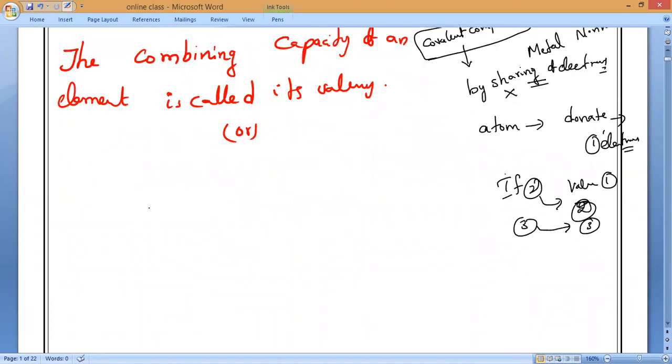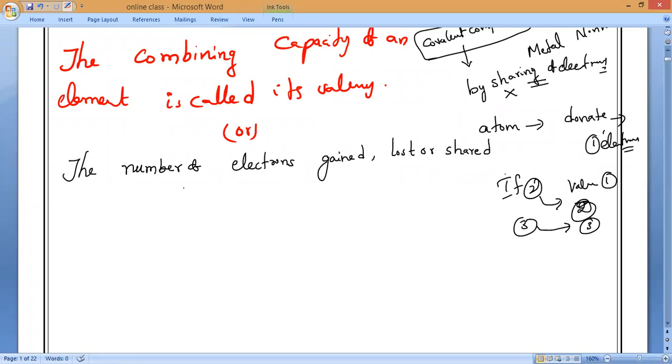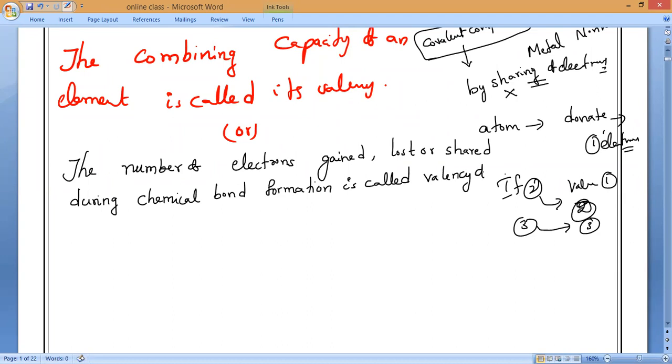Or you can write this, the little scientific definition: the number of electrons gained, lost, or shared during chemical reaction, during chemical bond formation, is called valency of the element.